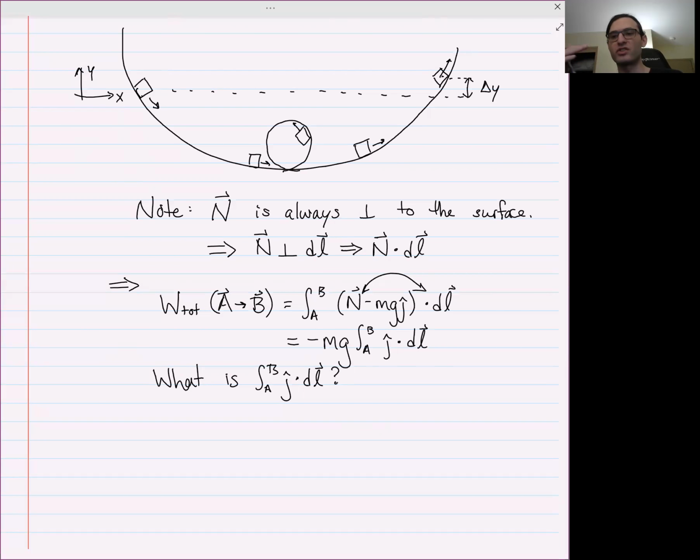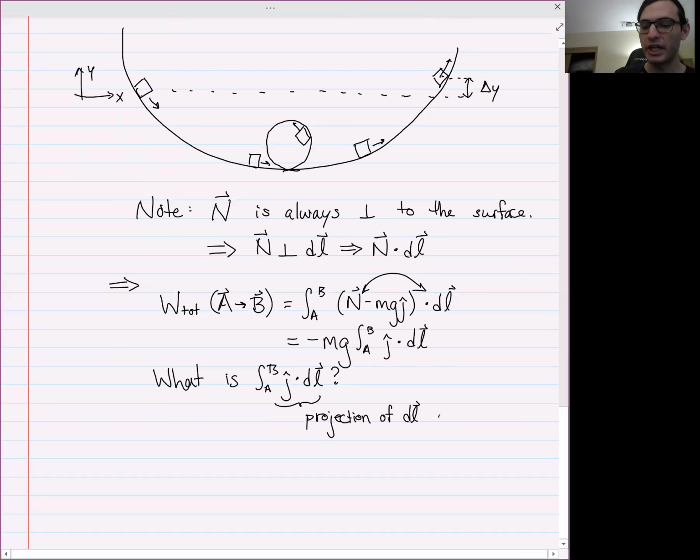And the reason it's just the projection is because j hat has unit length, so we don't have to multiply by the length of that vector. So this quantity, j dot dl, is the projection of dl in the y direction, like along the vertical axis.